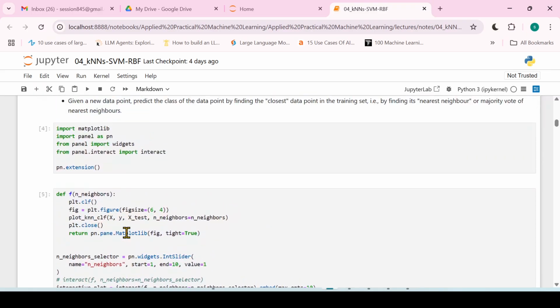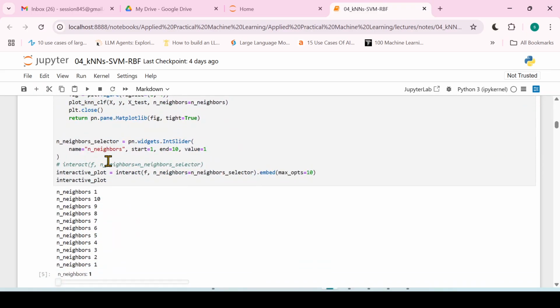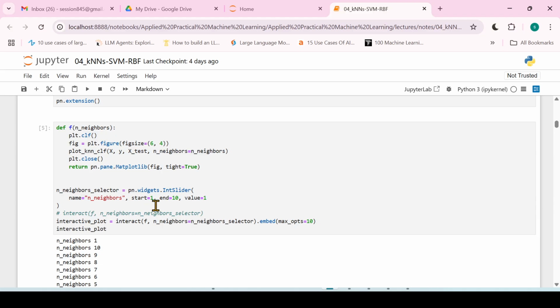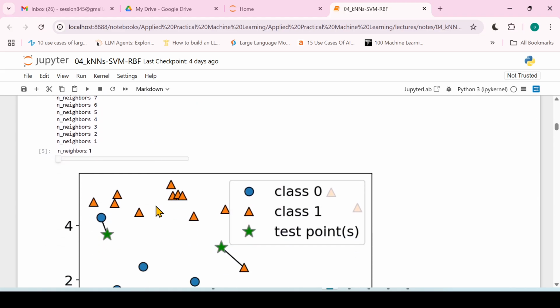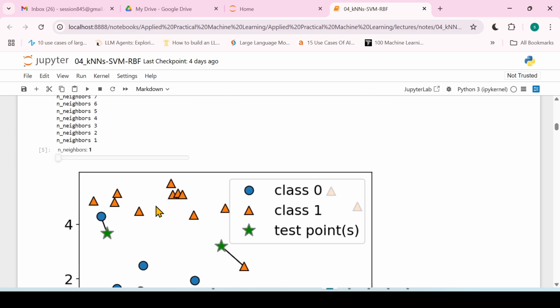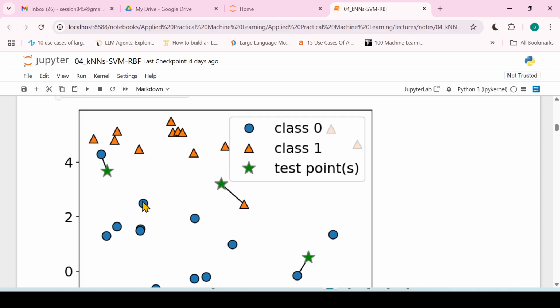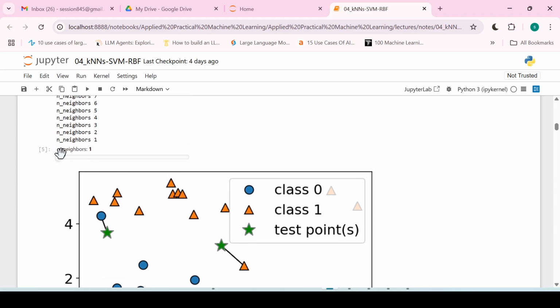Okay, here this code will help you visualize the different nearest neighbors and examples. With n neighbors as 1, we can see that this star is nearest to this example, this star is nearest to this example, and this star is nearest to this example. Now we'll say n neighbors is 2.